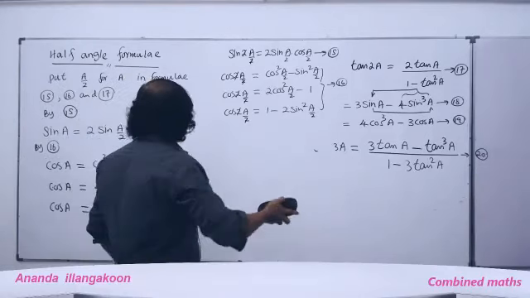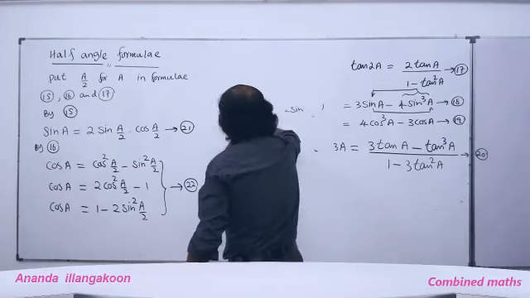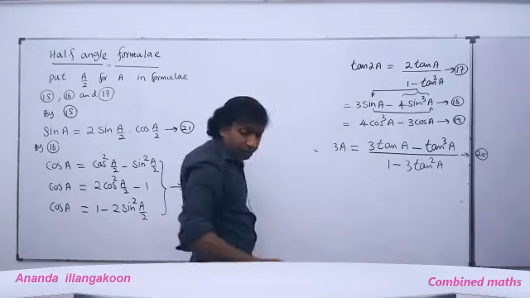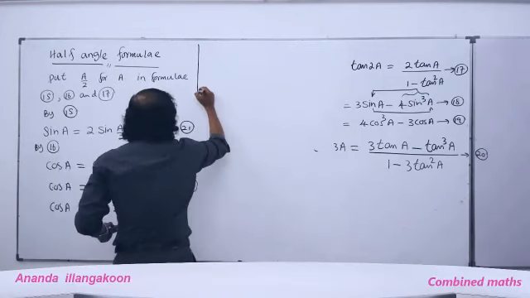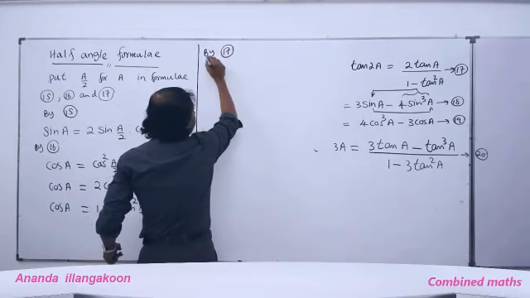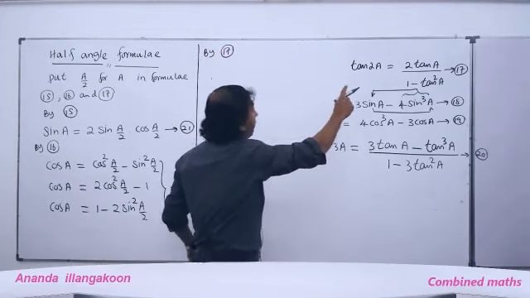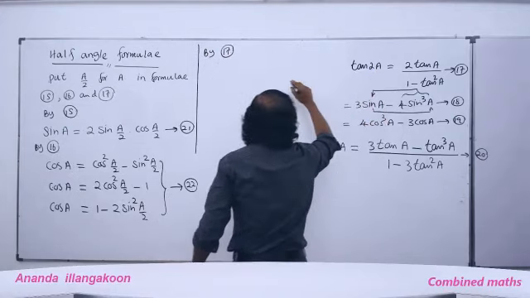And the next one, by number 17, we can write. By number 17, we get, people, when I put a by 2 for this a, this and this we can cancel down. No, we get tan a.